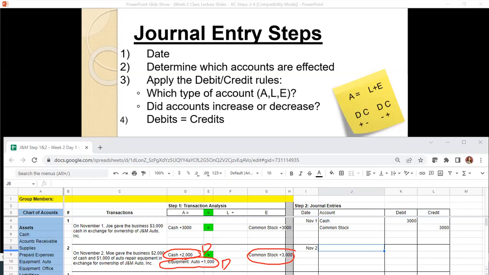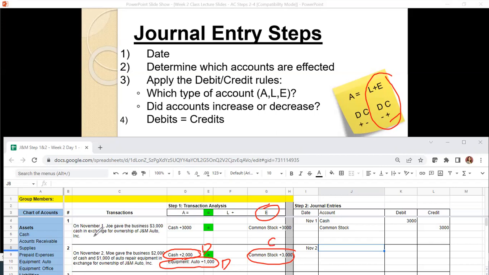Common stock is equity, as we see here, right? And our debit credit rules for equity, anytime equity increases, which common stock always increases equity, is going to be a credit. So that's going to be a credit.